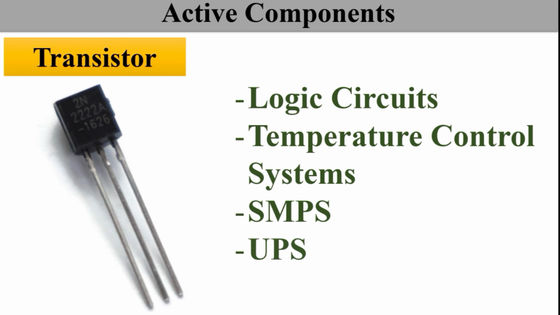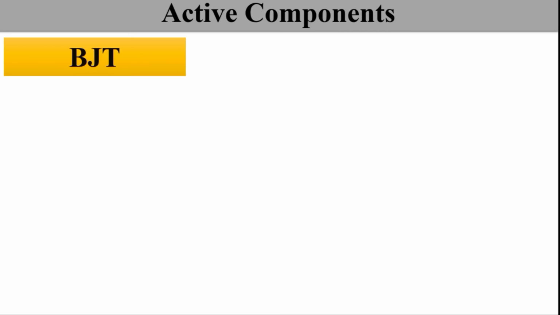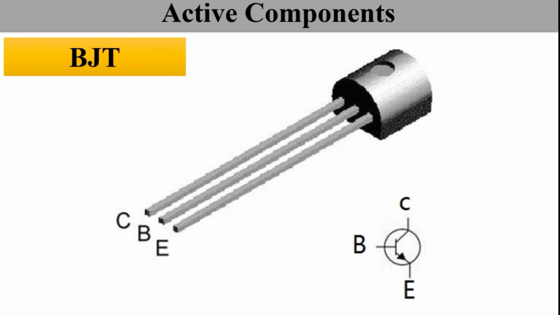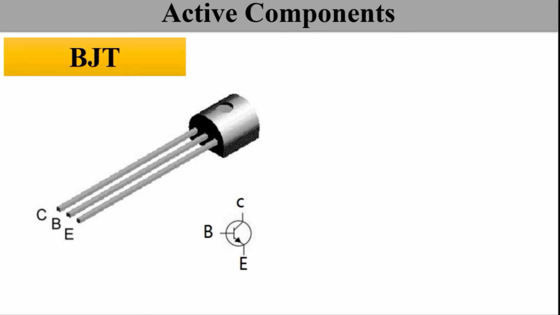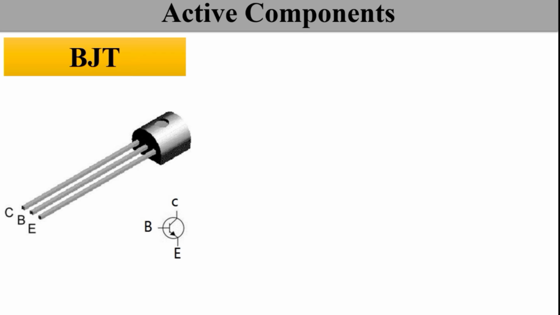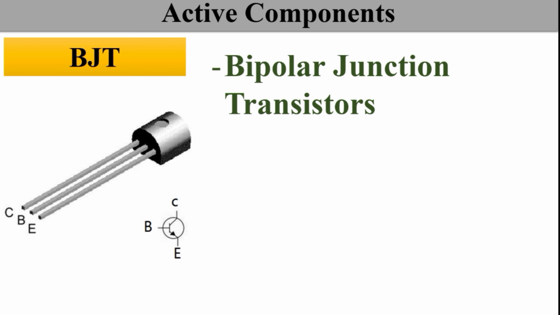Okay. Now let's move to the second active component, that is the BJT. The diagram of the BJT you can see on the screen. This is also a 3-terminal device. This belongs to the family of transistors. BJT stands for bipolar junction transistor.